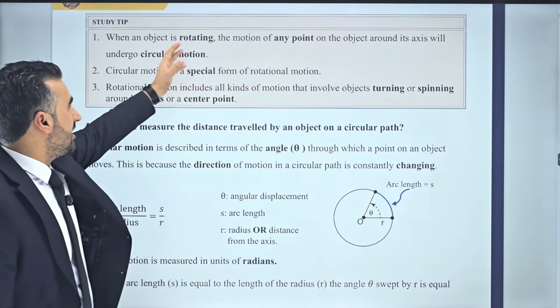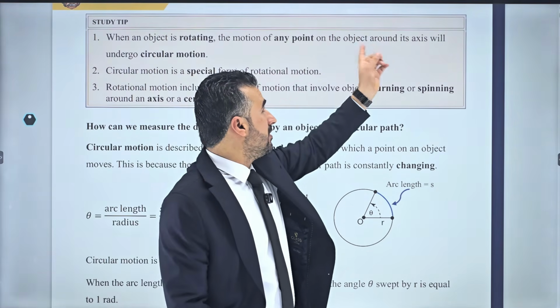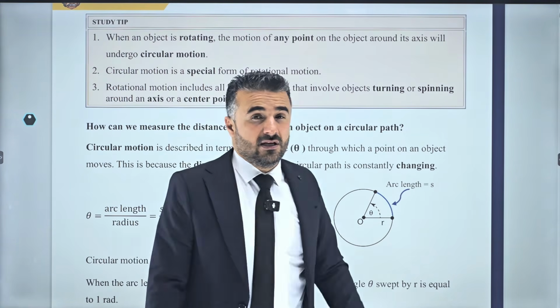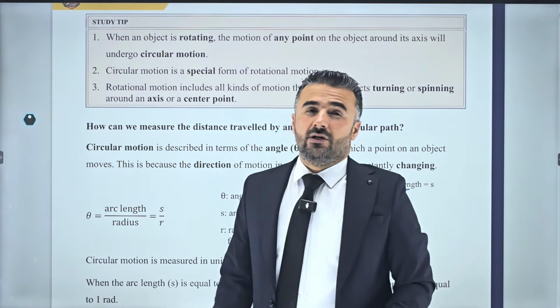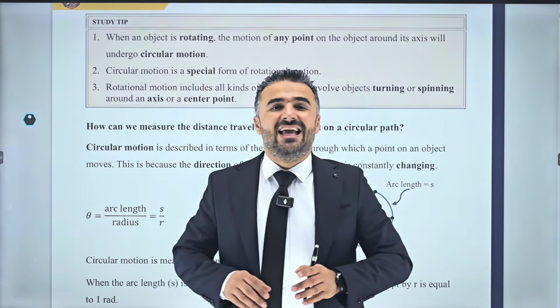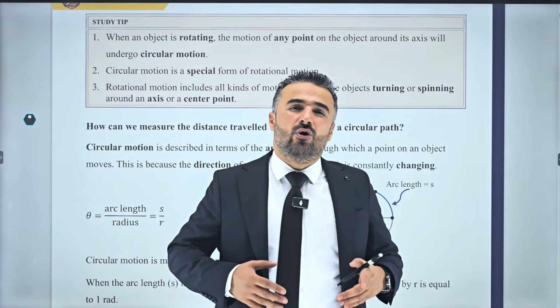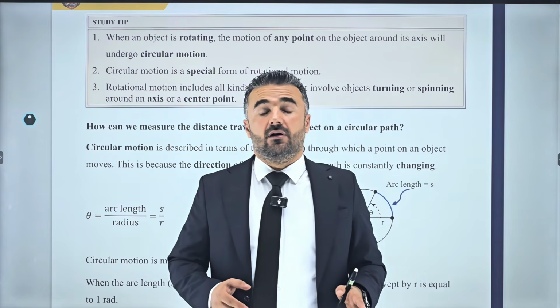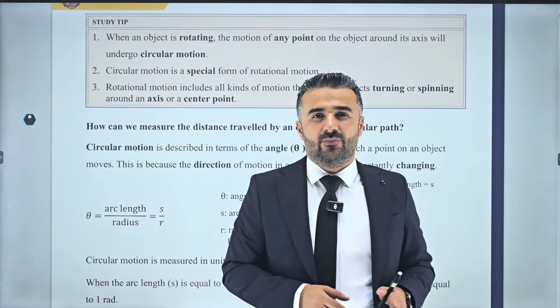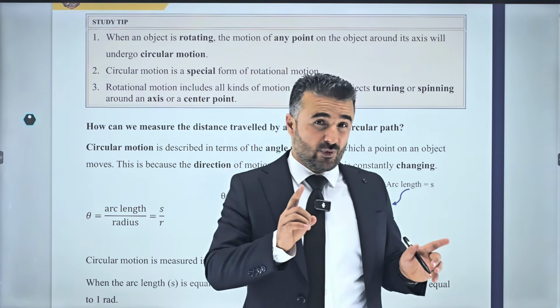When an object is rotating, the motion of any point on that rotating object around an axis will undergo circular motion. So based on this, we can say circular motion is a special case in rotational motion.